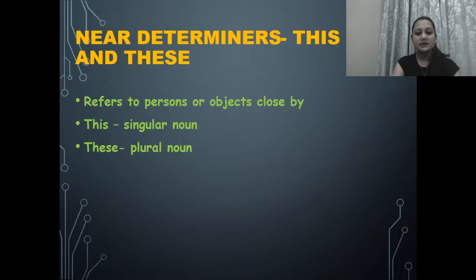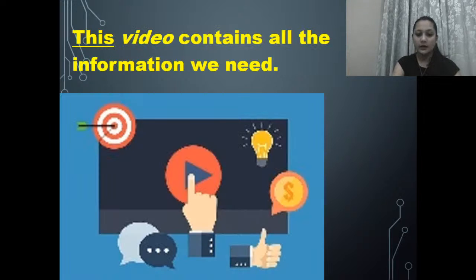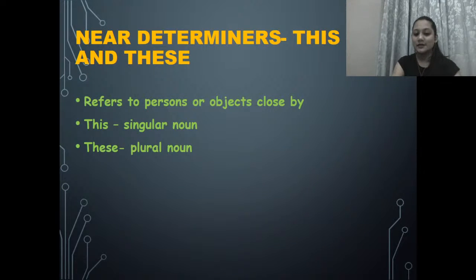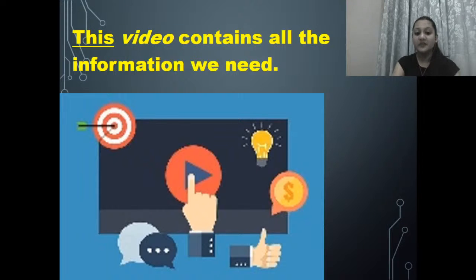Now, near determiners, that is this and these, refer to persons or objects close by, very close to us. This is used with a singular noun, and these is used with a plural noun. I'm repeating: this with a singular noun, and these with a plural noun. For example, "This video."